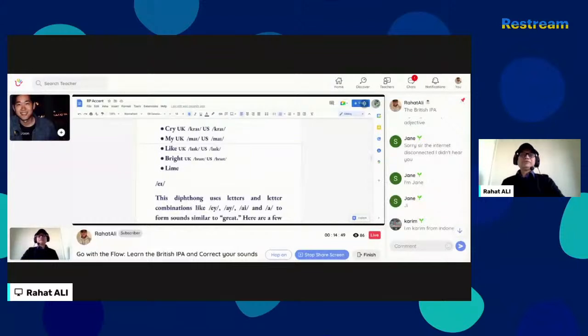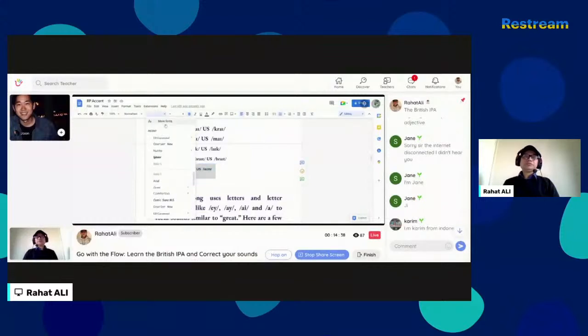And about the lime, there is a Cockney expression as well, very often used in the UK. I'm going to share the Cockney expression in a moment.